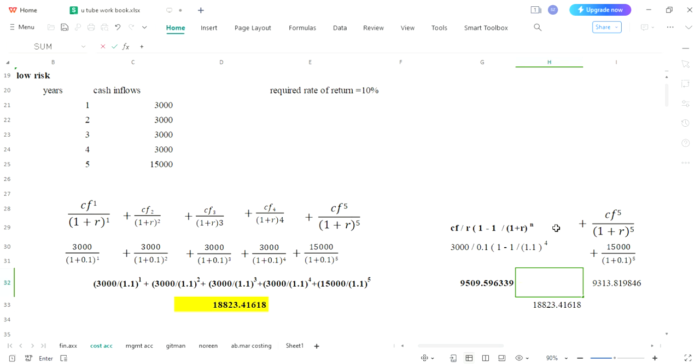Why? Because the amount for the 5th cash flow was different and the amounts for the first 4 inflows were the same. So when your inflows are the same, you can put this formula. So in this way your value of asset has been calculated.